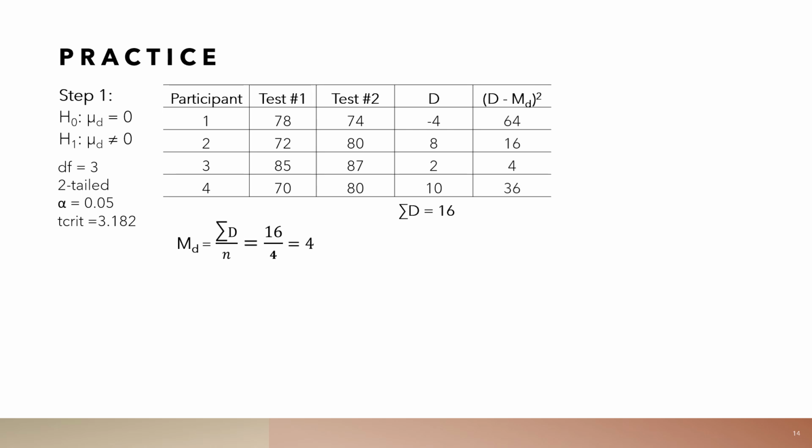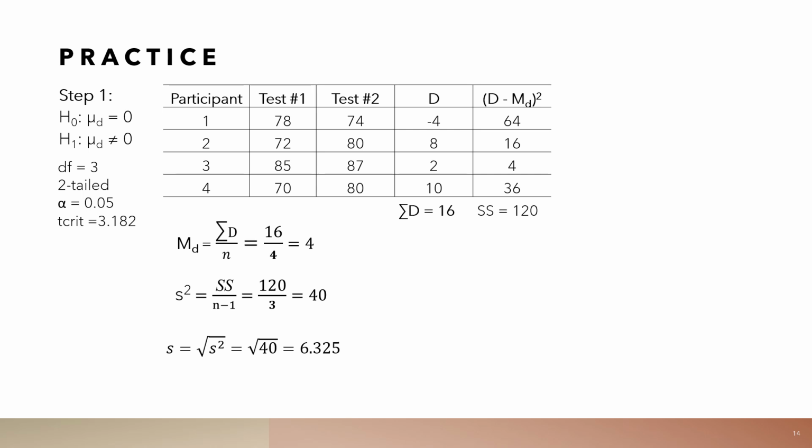Subtracting that mean difference from each individual difference score and then squaring it, we get 64, 16, 4, and 36, which sum to 120. We can plug this into our sample variance equation, which gives us 120 divided by 3, which is 40. Taking the square root of that, our sample standard deviation is 6.325.